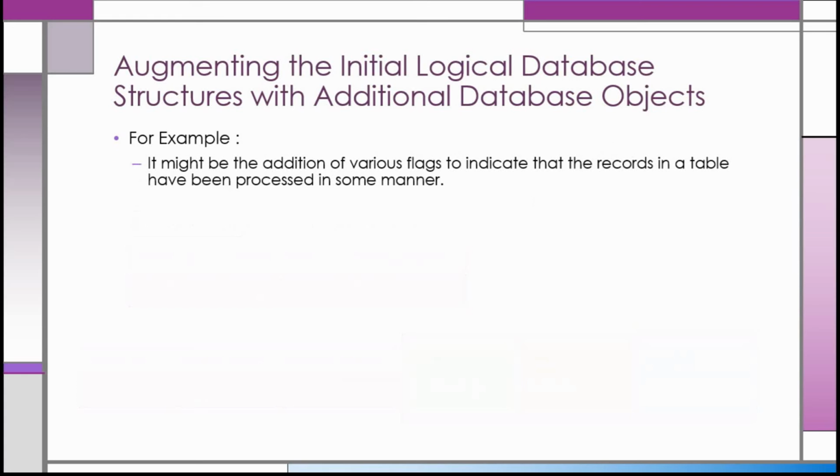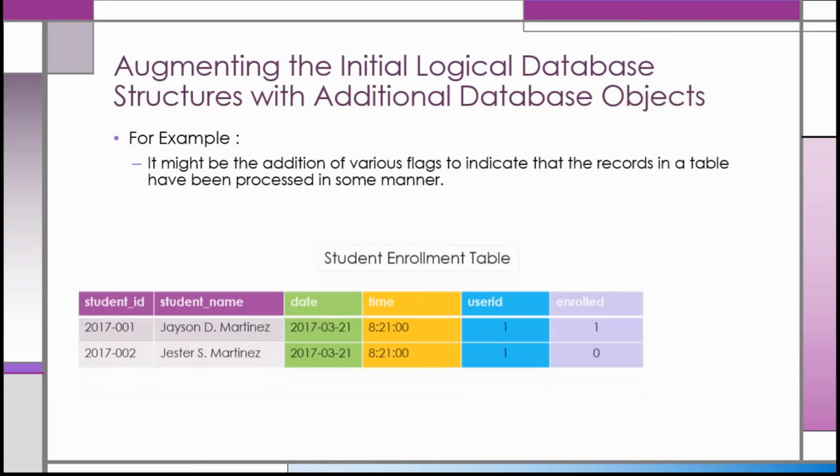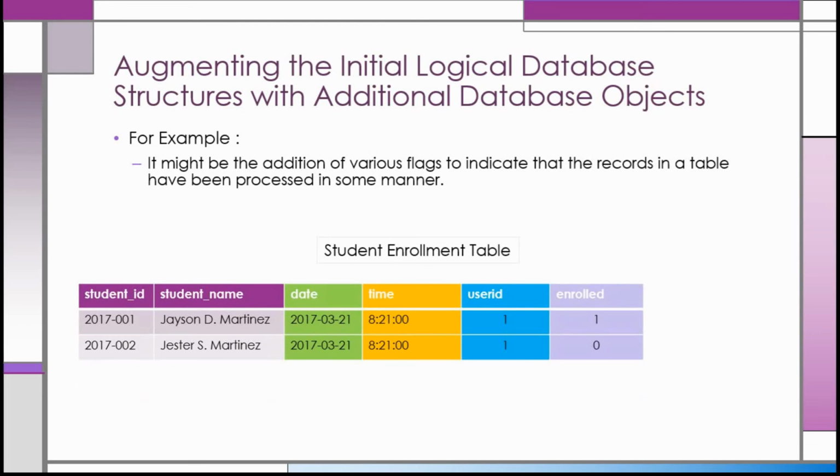Another example is the addition of various flags to indicate that the records in a table have been processed in some manner. So let's have this student enrollment table. We have student ID, student name, the date, the time, the user ID, followed by the enrolled column.